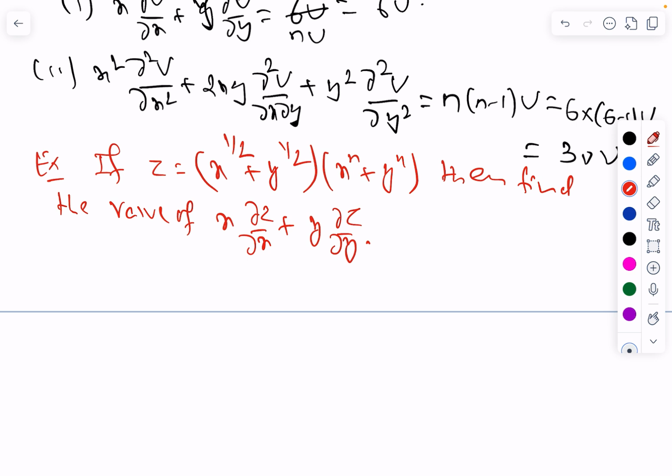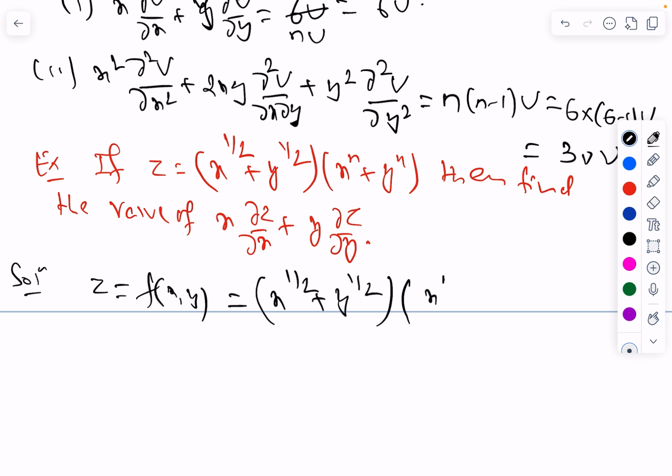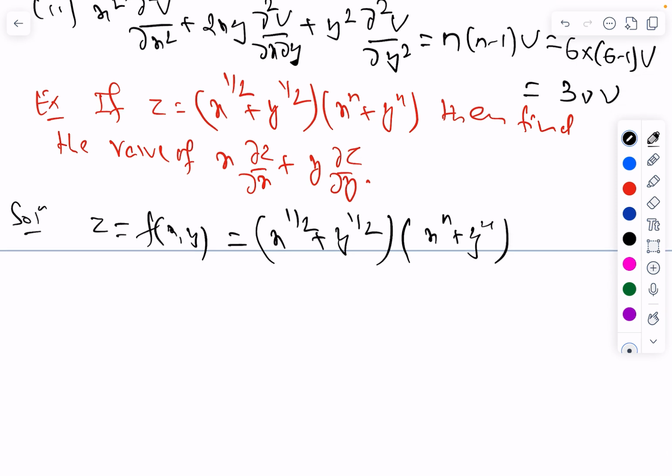So here z, or you can say f(x,y), is (x^(1/2) + y^(1/2)) into (xⁿ + yⁿ). So now we take f(tx, ty).